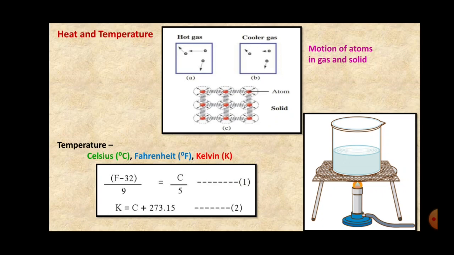C is Celsius and F is Fahrenheit. And K is equal to C, that is Celsius, plus 273.15, right? So if we add 273.15 to Celsius, we will get the Kelvin.